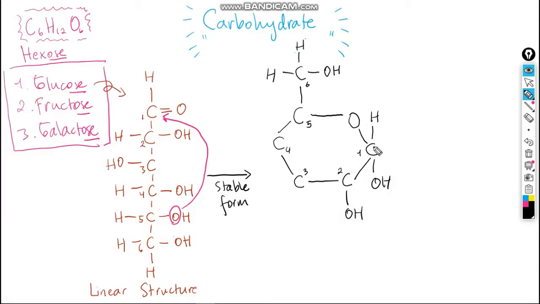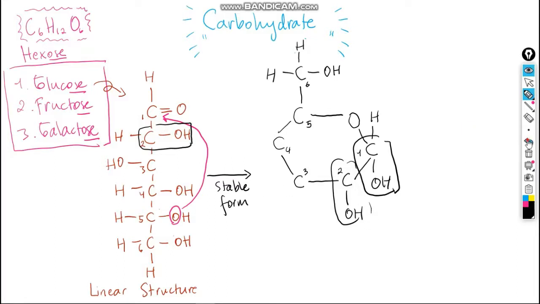This one is actually the same. Take a look at this carbon and hydrogen formation. Actually this hydrogen combines with this oxygen. So carbon number 2 is like this, having the same formation as in the ring form.